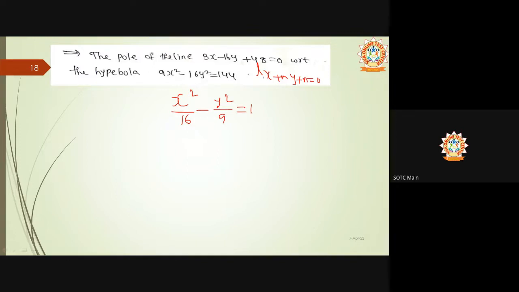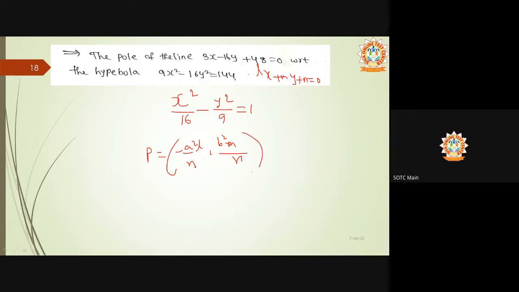So now if Lx plus my plus n is equal to 0 is a polar line with respect to this hyperbola, then your pole P will become minus a square L by n comma b square m by n.